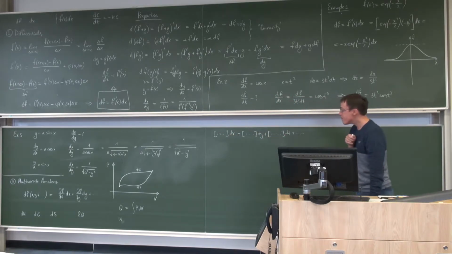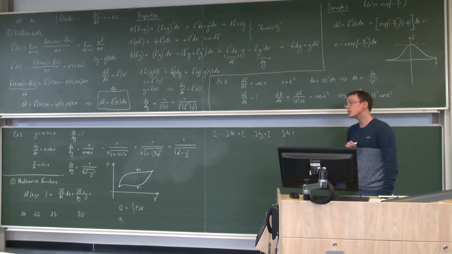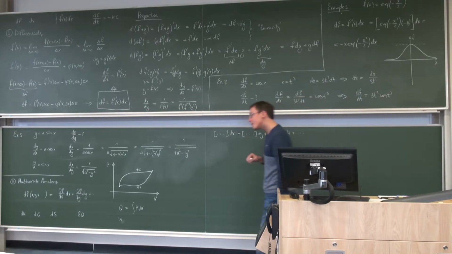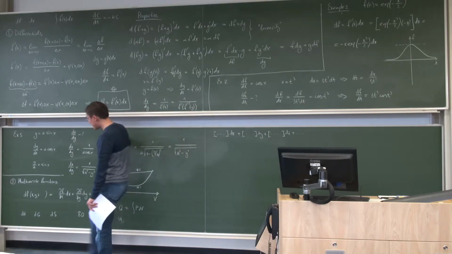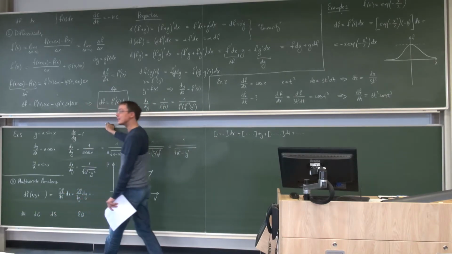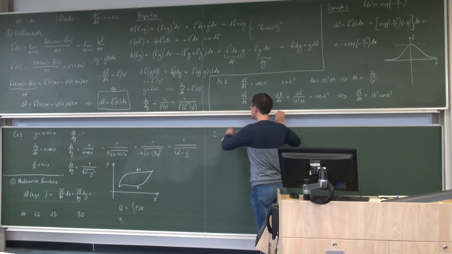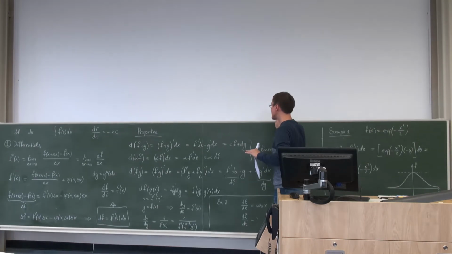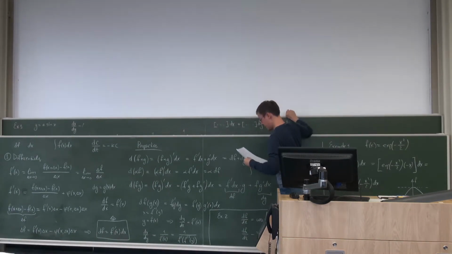If such a function does exist, this is called an exact differential. And if such a function does not exist, it's called inexact. For the functions of state, the differentials are exact, but for work and heat they aren't. Let me give you a couple of examples, because this notion is slightly weird and takes some getting used to.